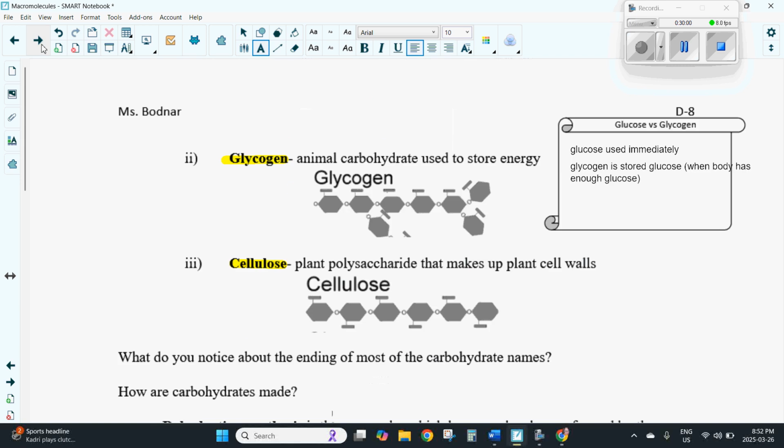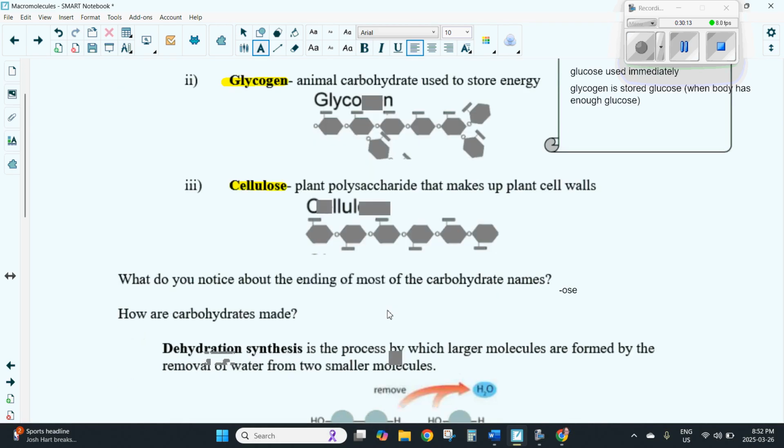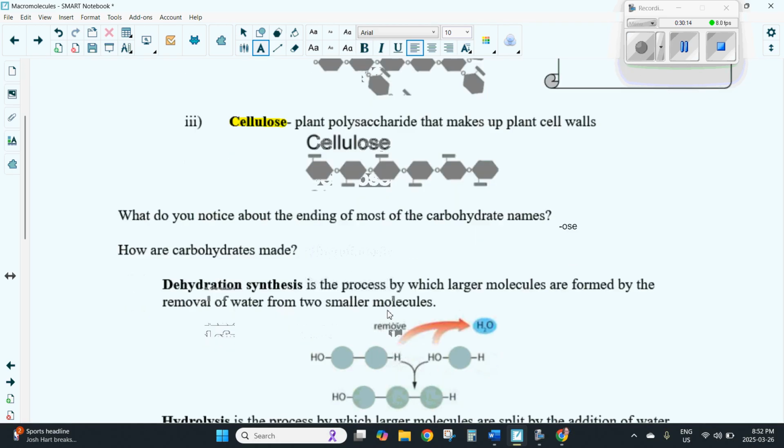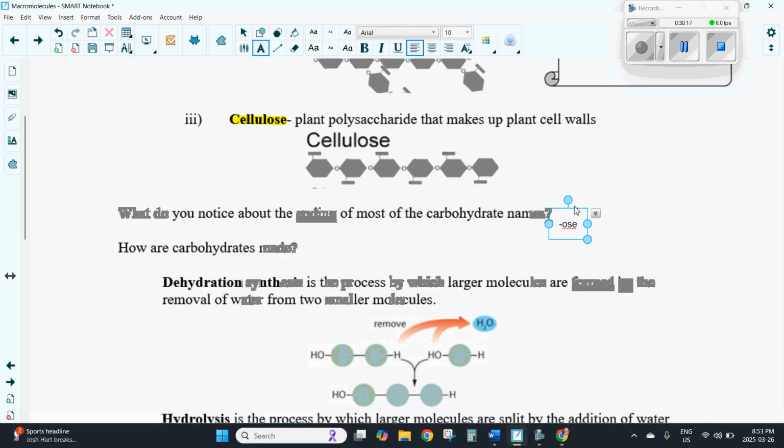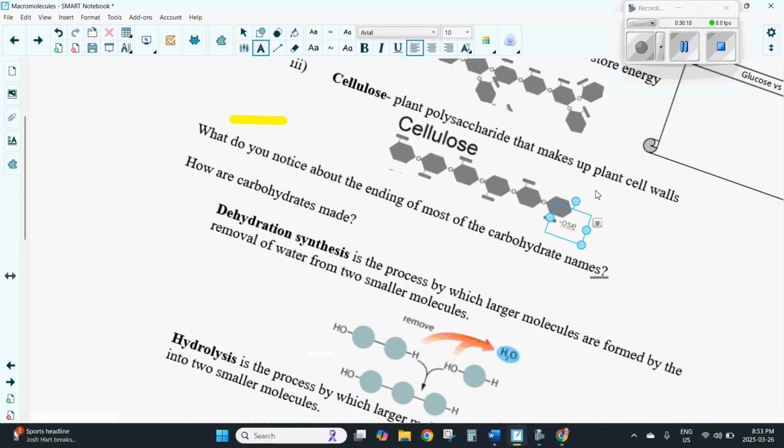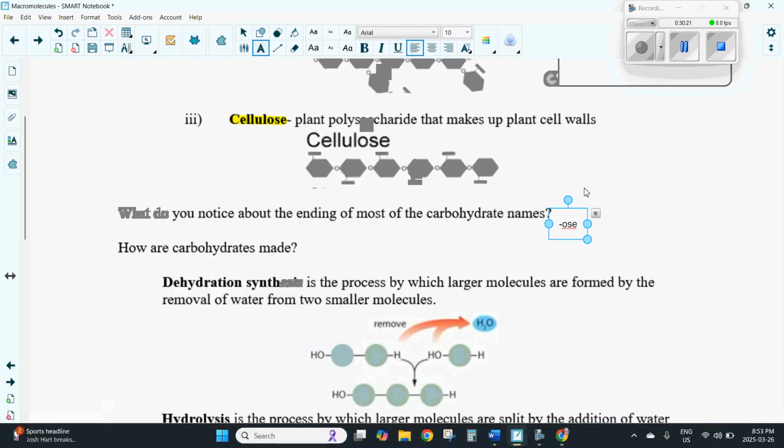I think you're getting the point now. So the ending of each carbohydrate typically ends in OSE. So the OSE is actually telling us that it is a carbohydrate. So anytime you see something that's OSE, just know that that's representing your carbohydrates.